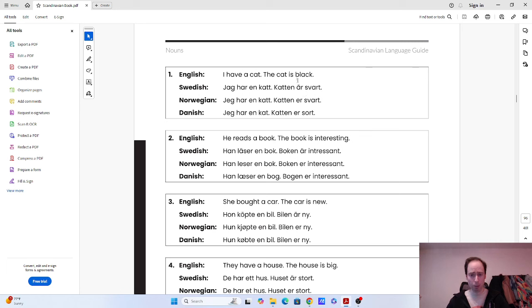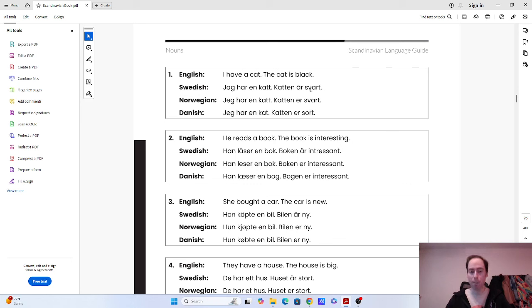And if you look at the word for is, it's the same for Norwegian and Danish, but different for Swedish. I think this is quite common, to see Swedish and Norwegian the same and Danish different, as well as Norwegian and Danish the same and Swedish different.